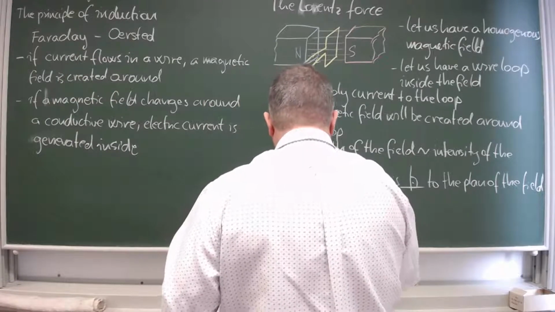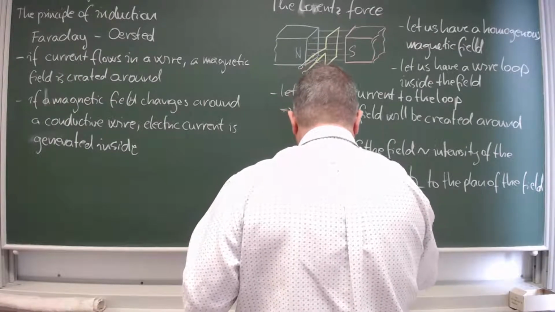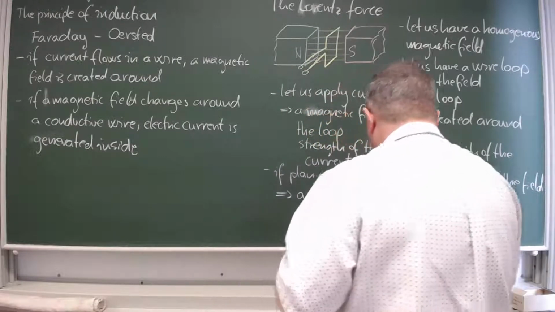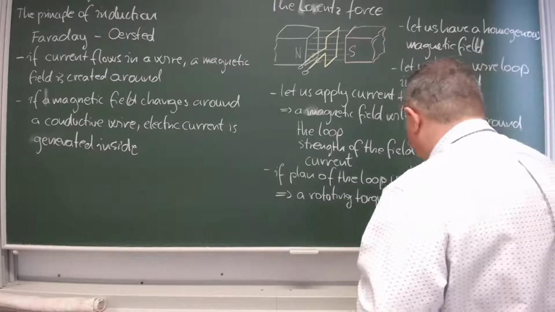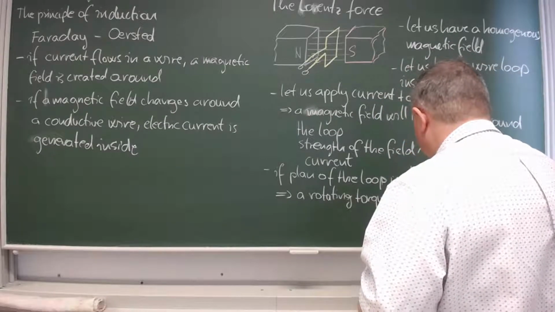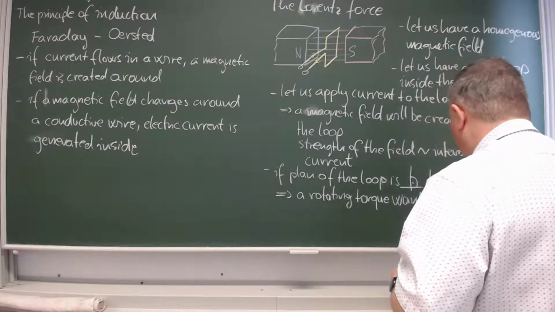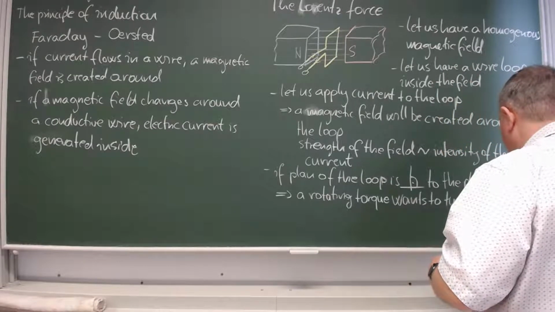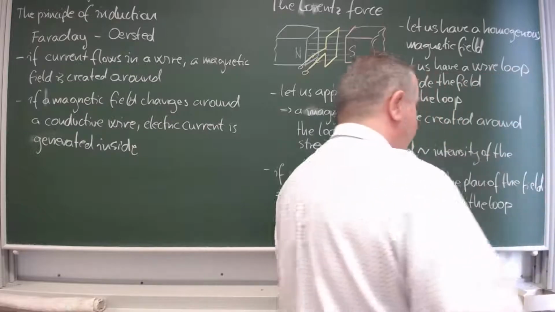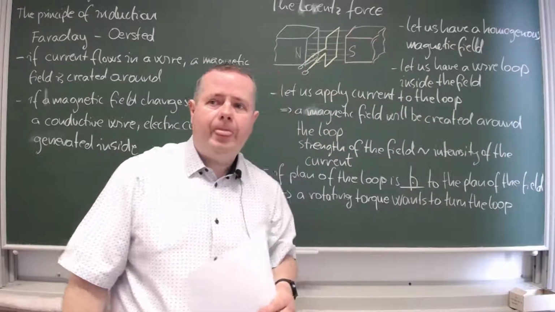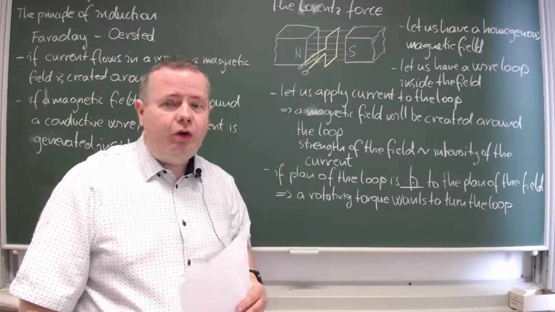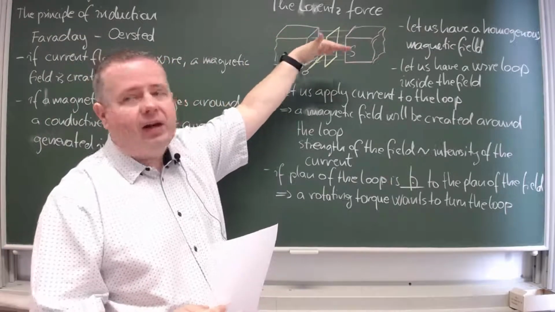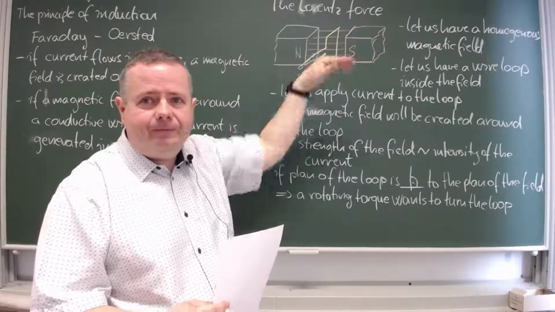A rotating torque wants to turn the loop. And is it working till infinity? Not really. The turning is active till the loop goes parallel with the magnetic lines.